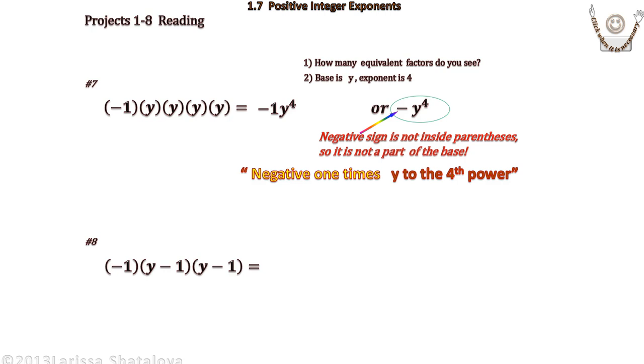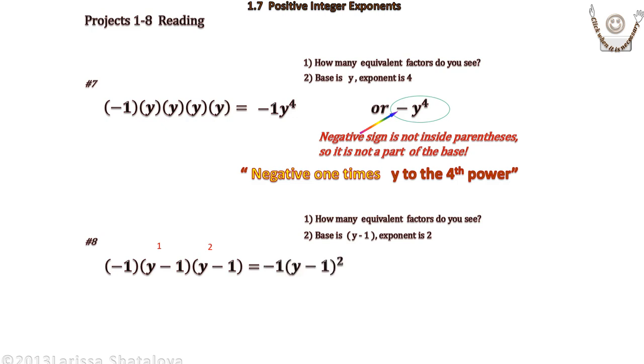In this case, we have two factors, y and -1. So base is y and -1, and exponent is 2. So we have to keep -1 times, and then it will be parentheses y and -1 squared, because base is y and -1.